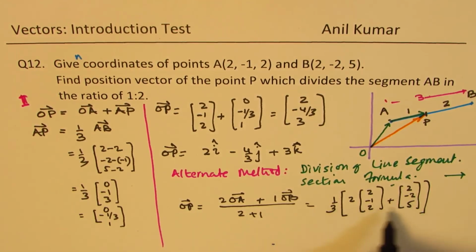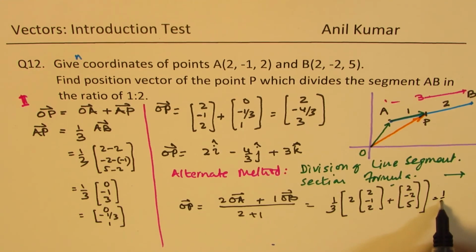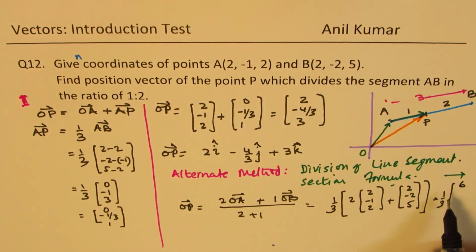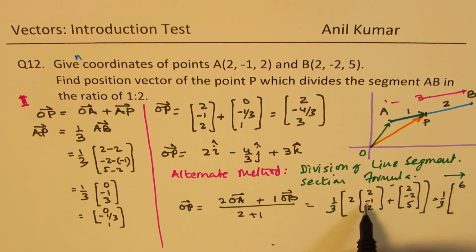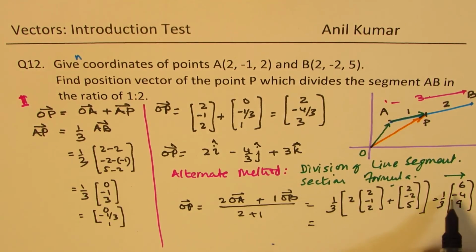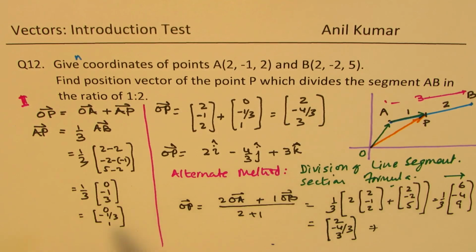So when you do this, you get 1/3 of 4 plus 2, 6; minus 2 minus 2, which is minus 4; and 2 times 2, 4, plus 5 is 9, right? You get the same result: 6 divided by 3 is 2, minus 4 over 3, and 9 divided by 3 is 3. Do you see that? So you get the same result which we got earlier, correct?